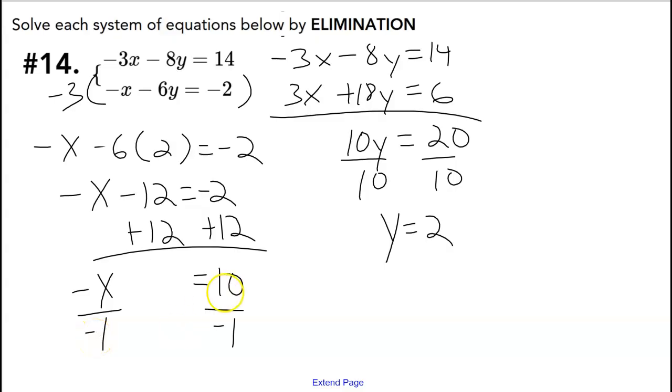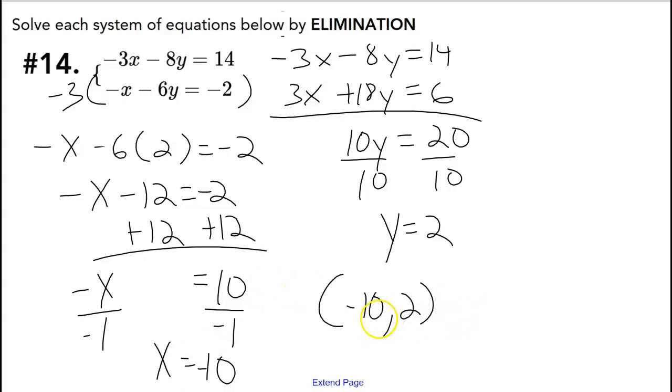And 10 divided by negative 1 is negative 10. So our point is going to be negative 10, 2. So that's it for number 14.